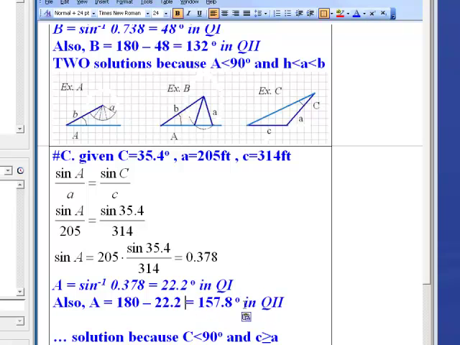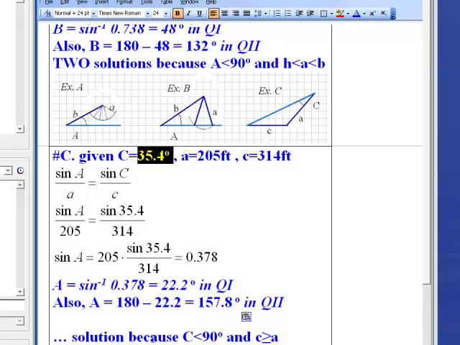However, this time around, look at these numbers here. Angle A is 157.8 degrees. Angle C is 35.4 degrees. These two angles alone are going to give us already over 190 degrees for this triangle, which of course is impossible. A triangle has to have 180 degrees total on its angles.